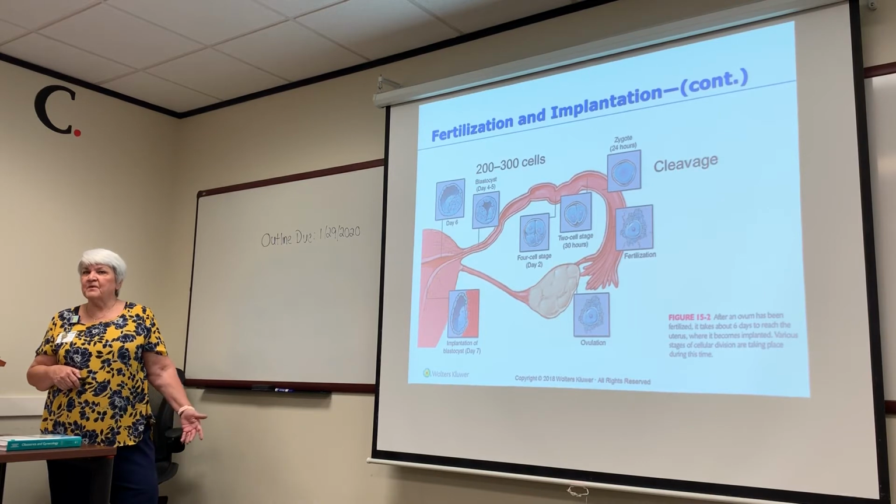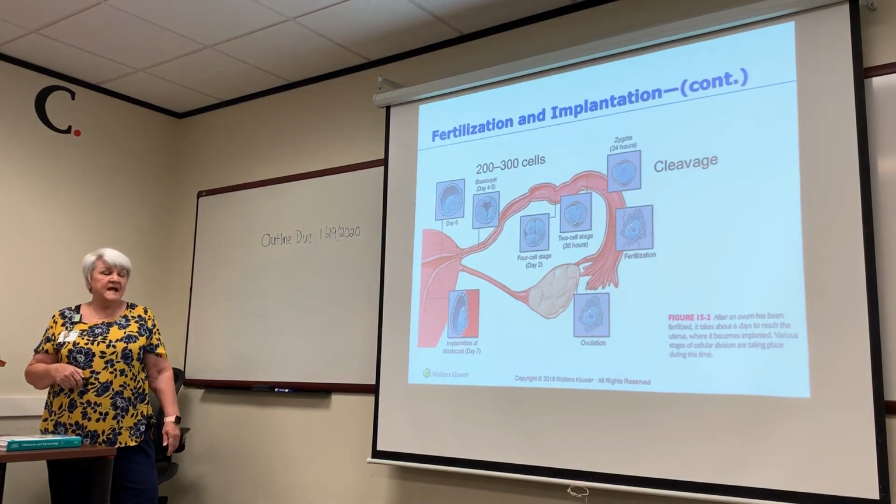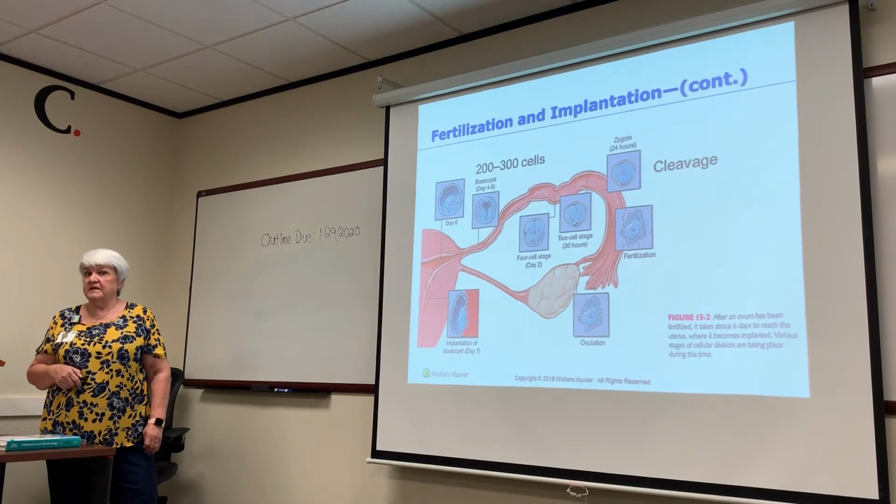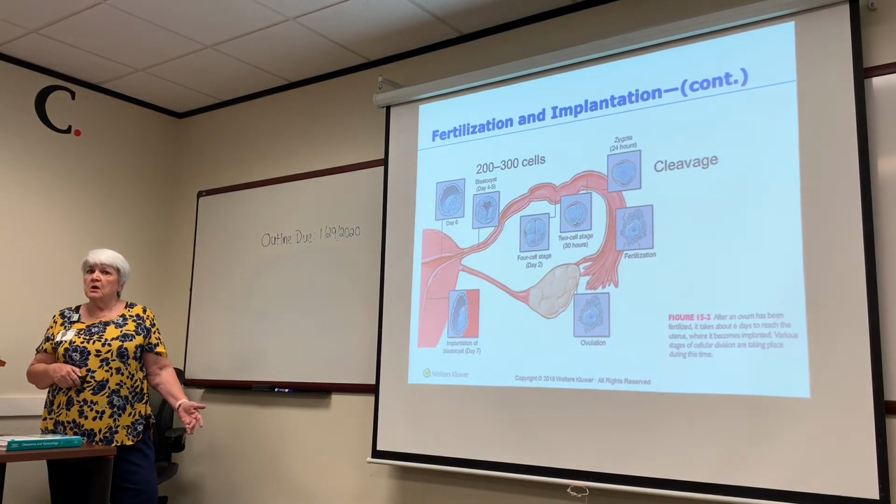Once I have implantation, it burrows down, it takes about 4 days for it to implant, and so we can have implantation bleeding. So now we're up to 25 days. So the woman comes in, she goes, well, I bled for 3 or 4 days, but it was really, really light.